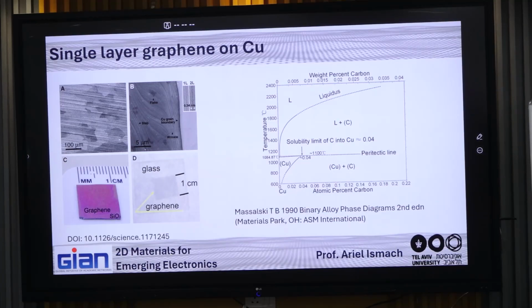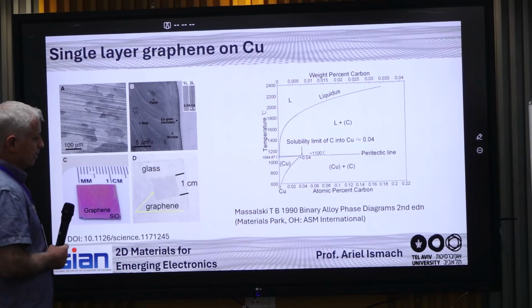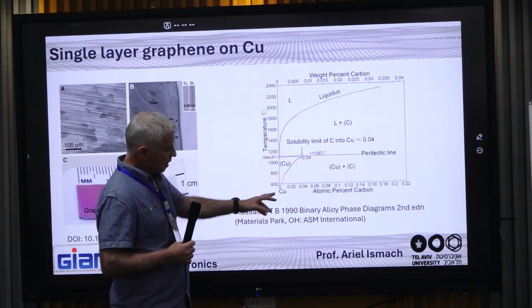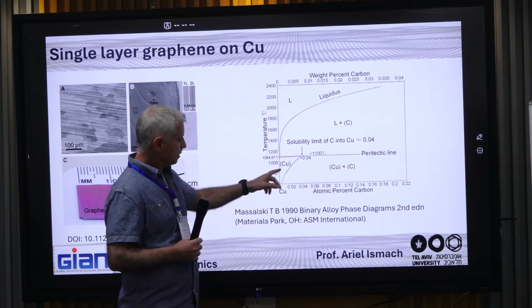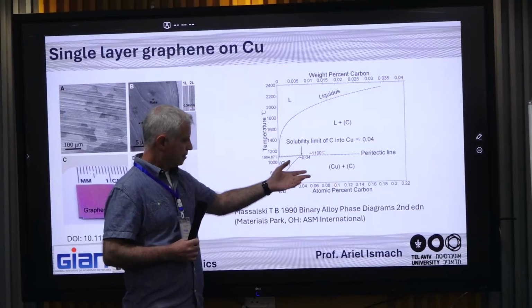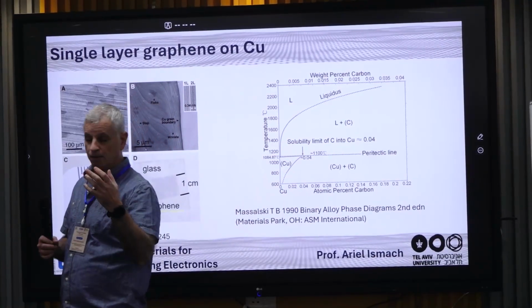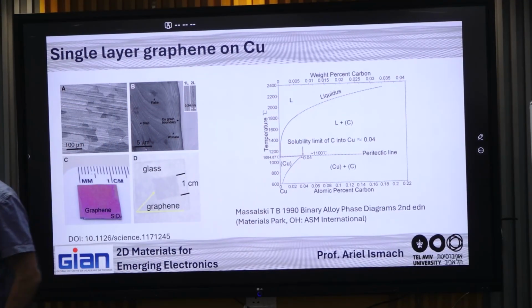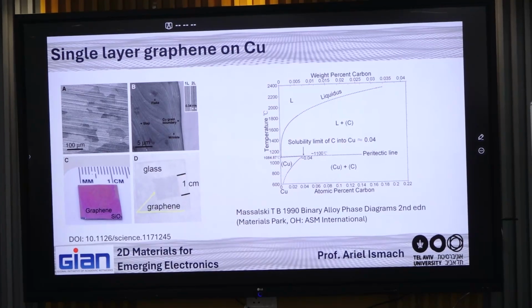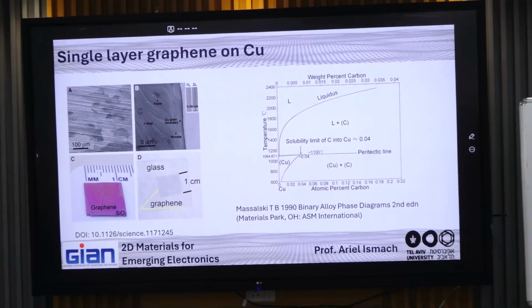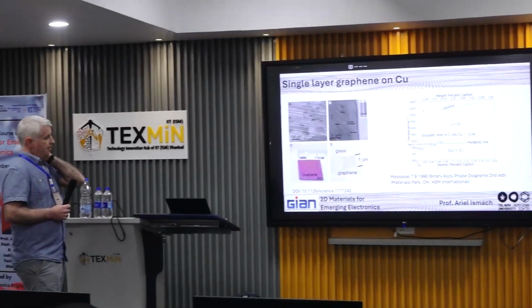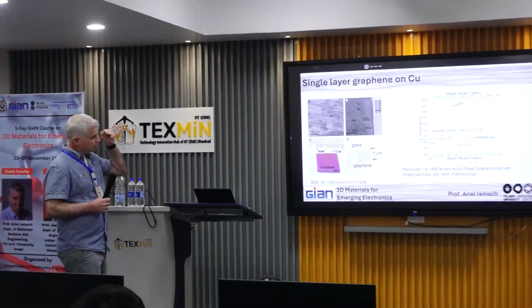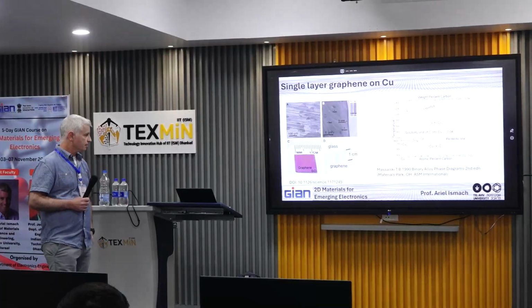You can see here the phase diagram of the carbon atom, and you can see that basically at 1000 degrees the solubility is 0.04, two orders of magnitude lower. So therefore you have basically no solubility, no diffusion into the metal.